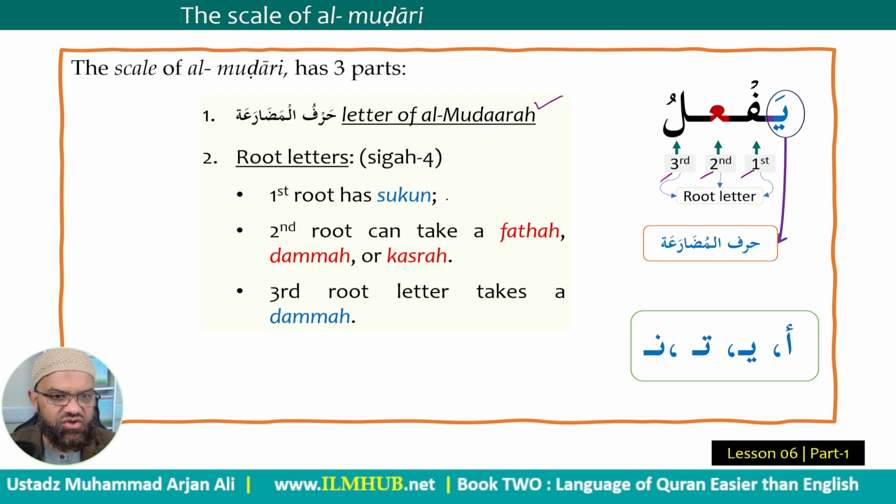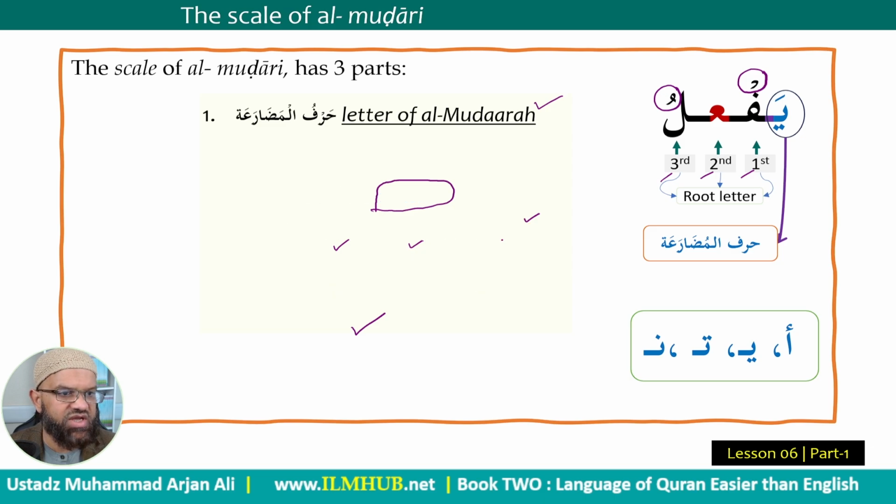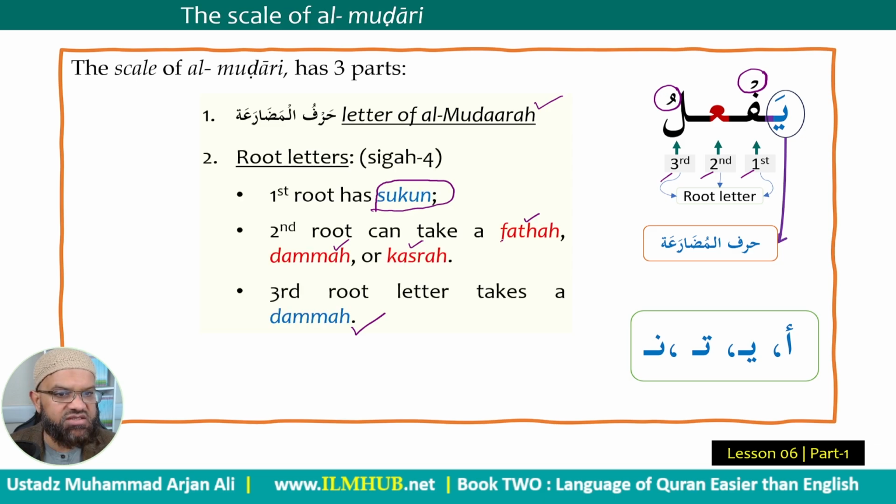The first root letter will always take a sukoon. The last root letter will take a dhamma, which you can see here. Just like we saw with the madi, the second root letter can take a fatha, dhamma, or kasra. So the options are as follows.